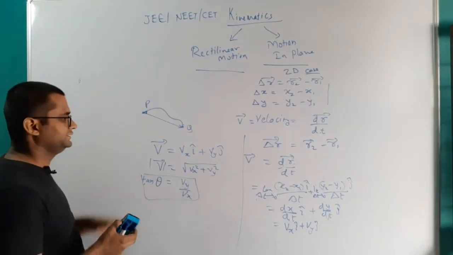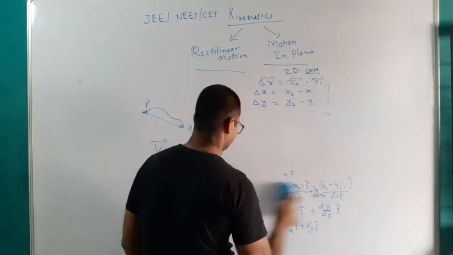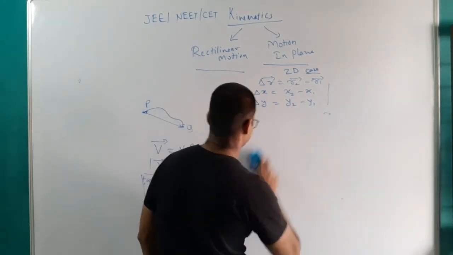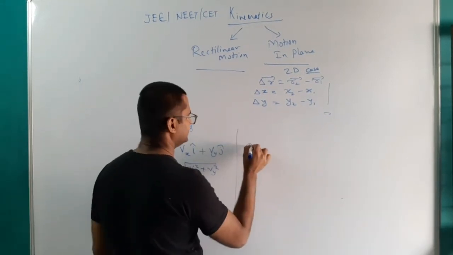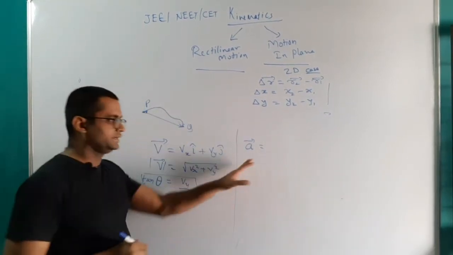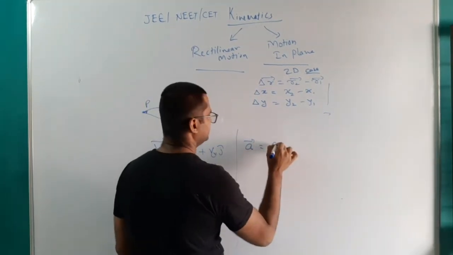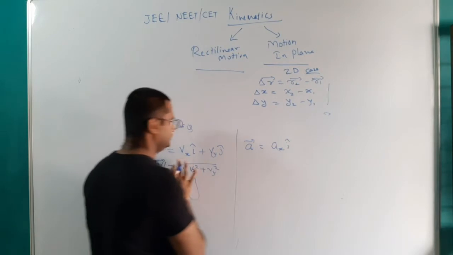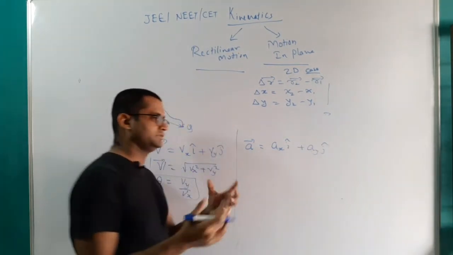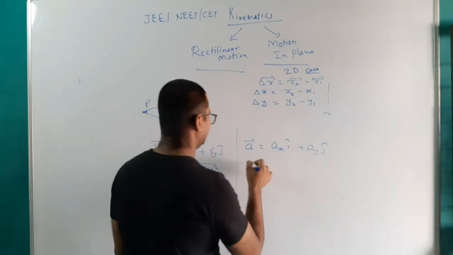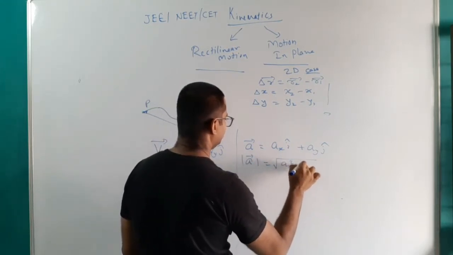In the same procedure, we can extend the concept to acceleration. So extending the same concept to acceleration, I'll write the instantaneous acceleration directly, and using analogy it will be ax i cap plus ay j cap. So we can split acceleration also, since it is a vector, and the magnitude of acceleration will be the square root of ax square plus ay square.